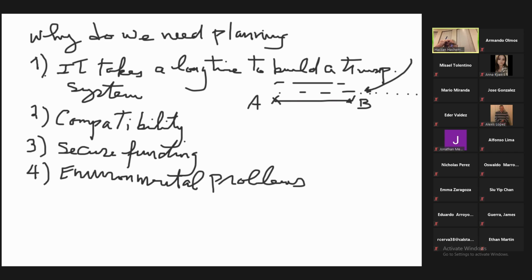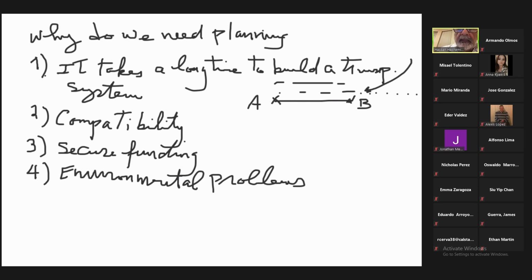So you got to have that plan in order to be able to address those problems: air pollution, noise pollution, water pollution, whatever, even disturbing wildlife, if you go through a wooded area, or some area with inhabitants. So you have to address all those problems before you can build.